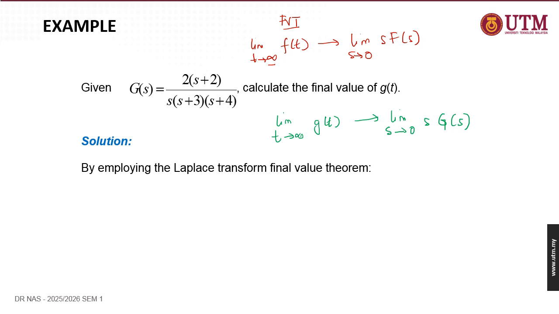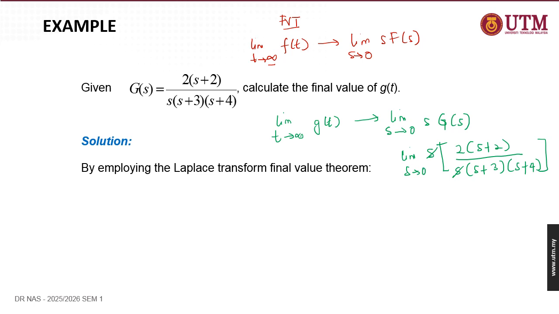Now you have G(s) given to you, so you just need to multiply your G(s) with s. So s times the given G(s), (2s + 2) divided by (s + 3)(s + 4). Simplify the equation. Don't forget, in this case s approaches 0, so you can replace all s with 0.